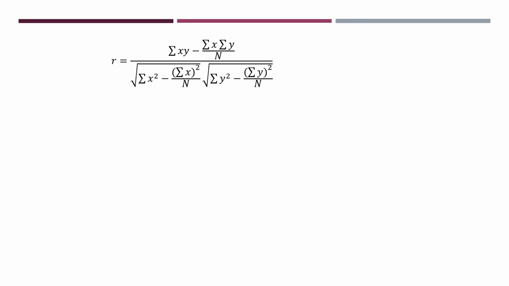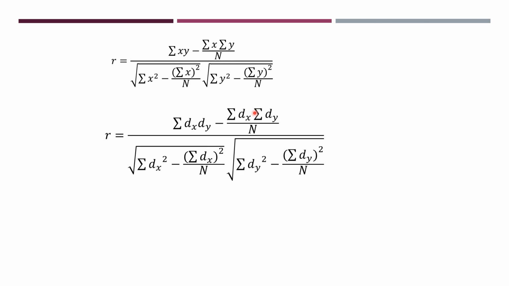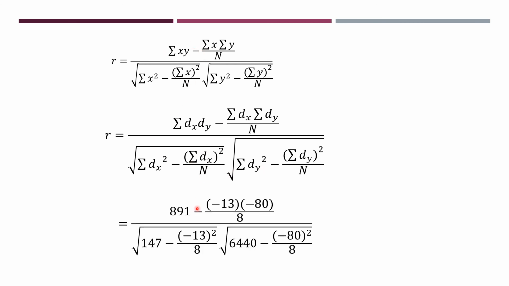This was the formula by the direct method. I'm just replacing x by dx and y by dy, writing the same formula, then substituting for dx, dy, dx dy and all these things and calculating the value of r.